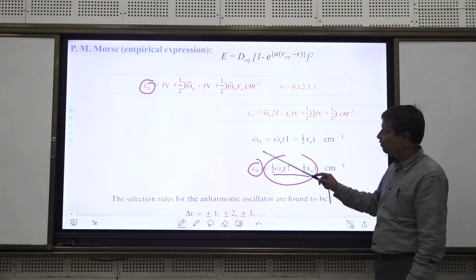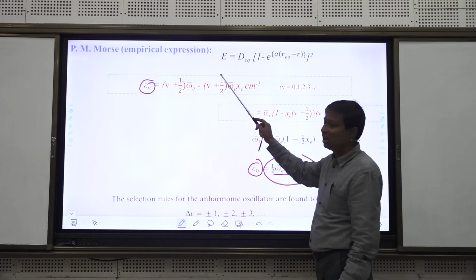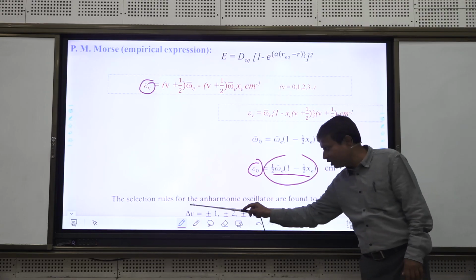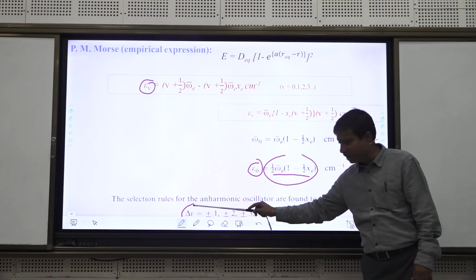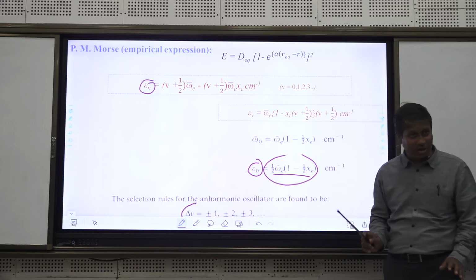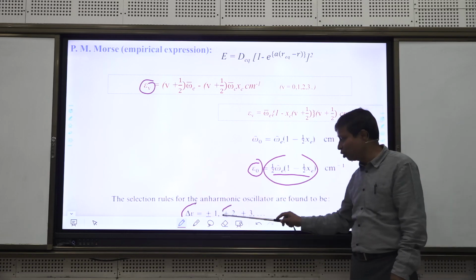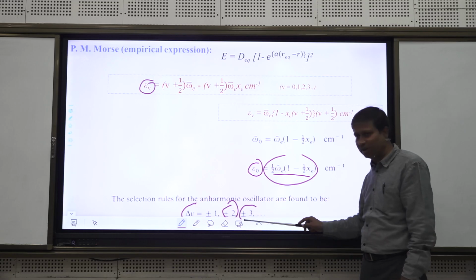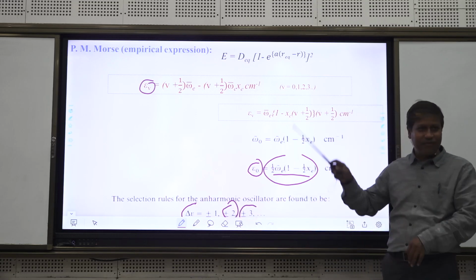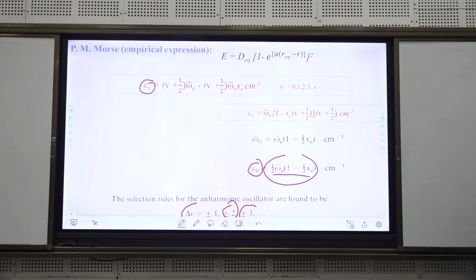So now you have a different expression, so you will have different energy levels, and the selection rule is also now relaxed. Earlier the selection rule was delta V plus minus 1 only. Now we have many more possibilities, plus minus 2, plus minus 3, almost anything. Every transition is allowed according to this selection rule.